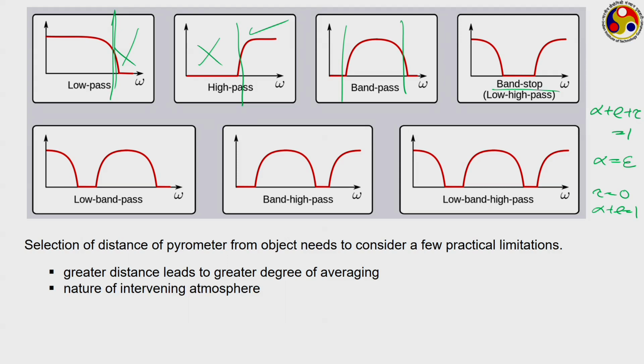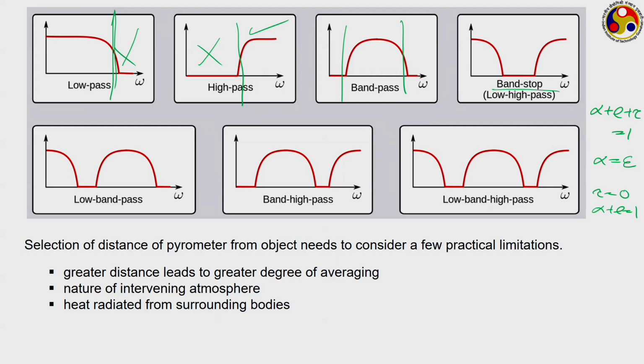The nature of the intervening atmosphere matters. While we generally consider the atmosphere to be non-participating, the presence of certain gases like carbon dioxide or water vapor can absorb a significant amount of radiation. Also, the presence of dust or moisture particles can lead to reflection from the medium itself. So, if such participating media is present, then a significant portion of the initial irradiation coming from the source may get lost.